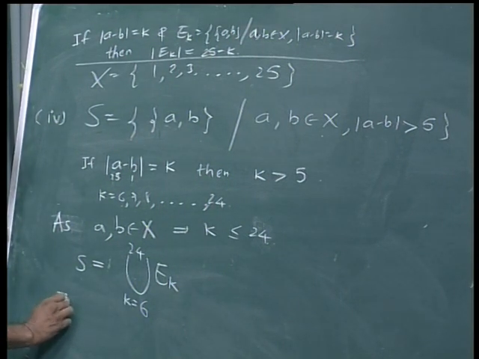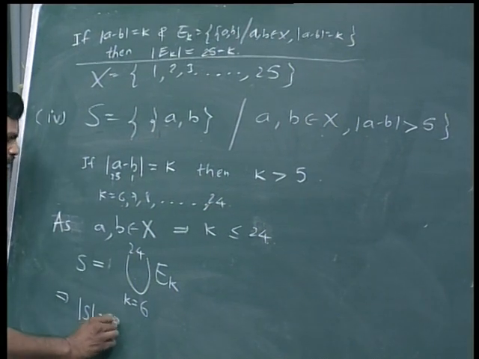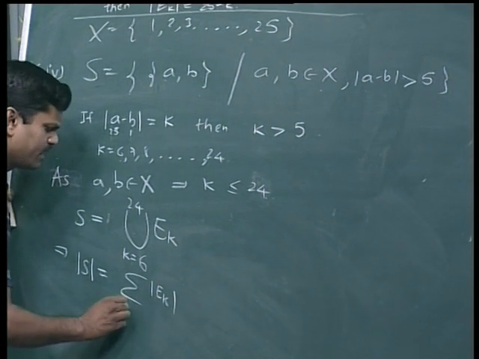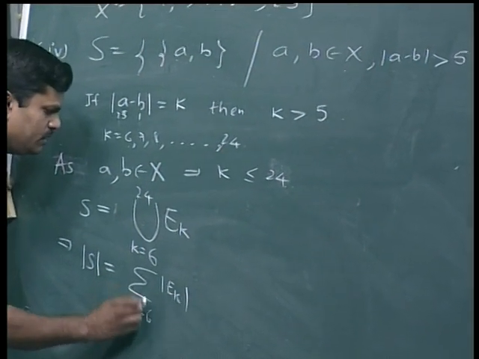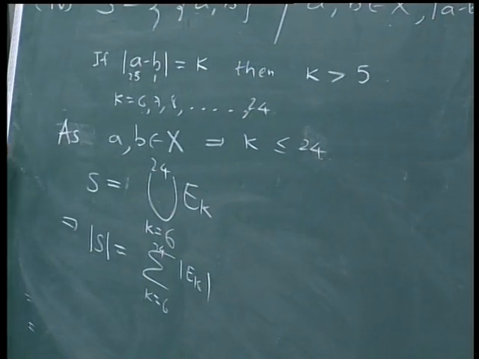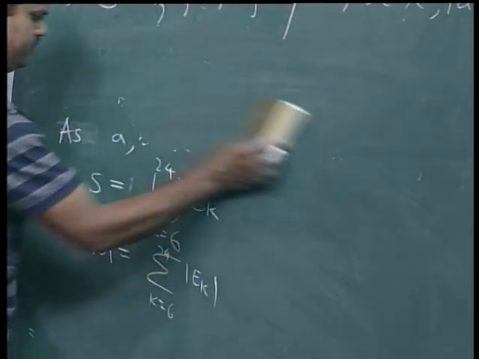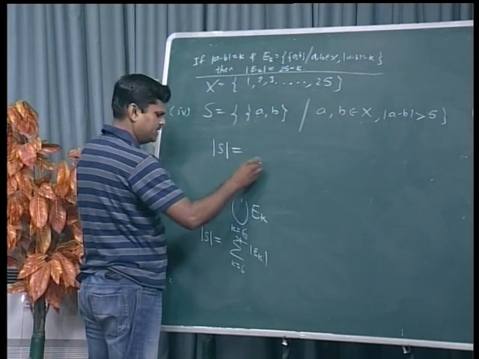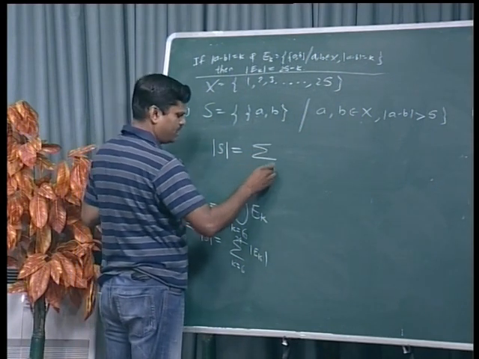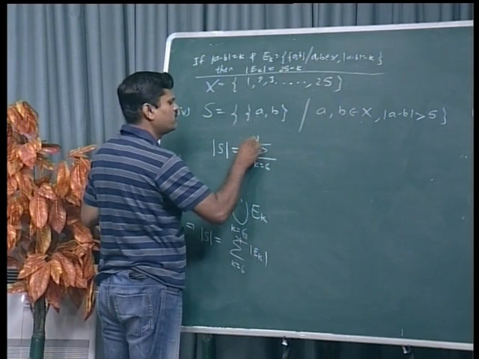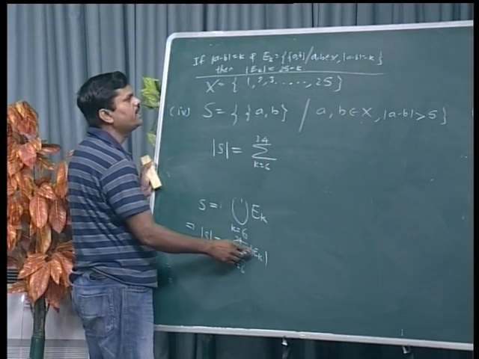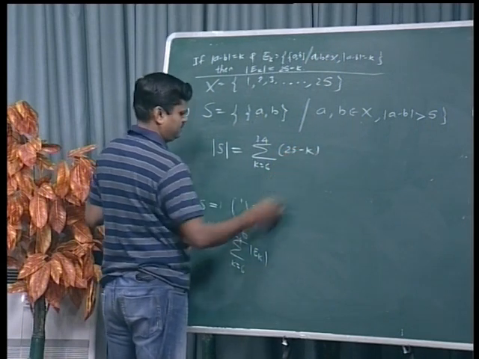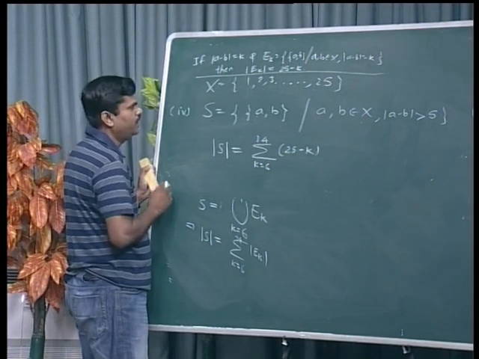So this implies you will get mod S is equal to sigma mod of Ek, K equal to 6 to 24. Now let us find the value of mod S. So mod S is equal to sigma, K equal to 6 to 24. What is mod Ek? Mod Ek is 25 minus K, the number of elements in Ek.